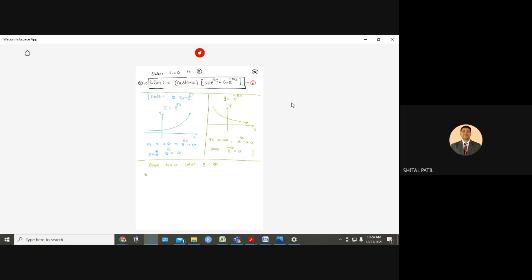Equation number 6 becomes 0 equal to c2 sine of mx, no change, then c3 e raised to infinity plus c4 e raised to minus infinity. e raised to infinity is infinity, so I am getting infinity over here, and e raised to minus infinity equals 0.